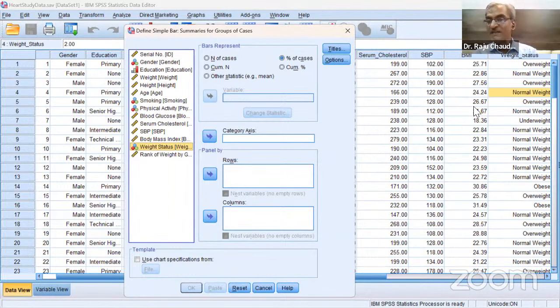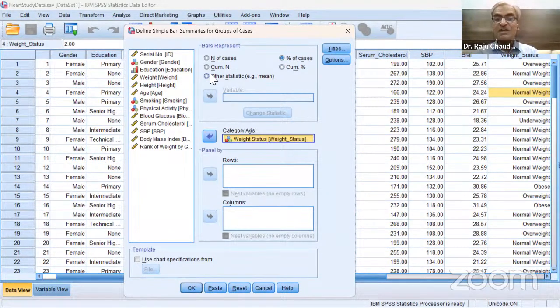Based upon the BMI, we have different weight status labels. Select it here, because this is a categorical variable. Since I want to visualize the weight status along with the systolic blood pressure, that means I want to visualize systolic blood pressure for the overweight, normal weight, and underweight people.